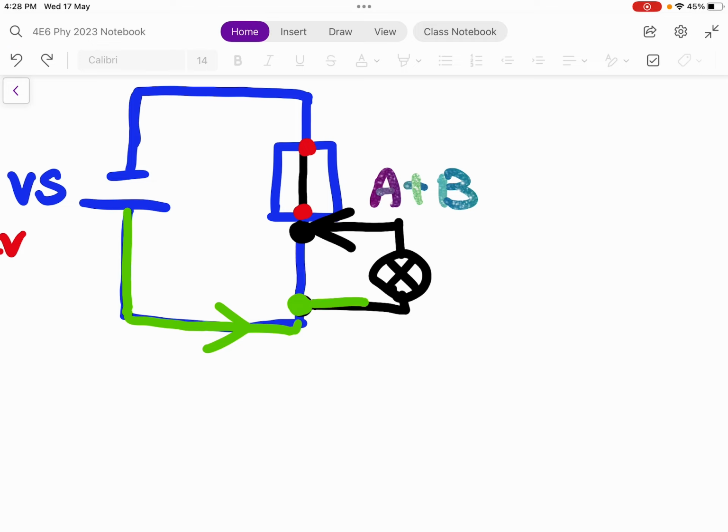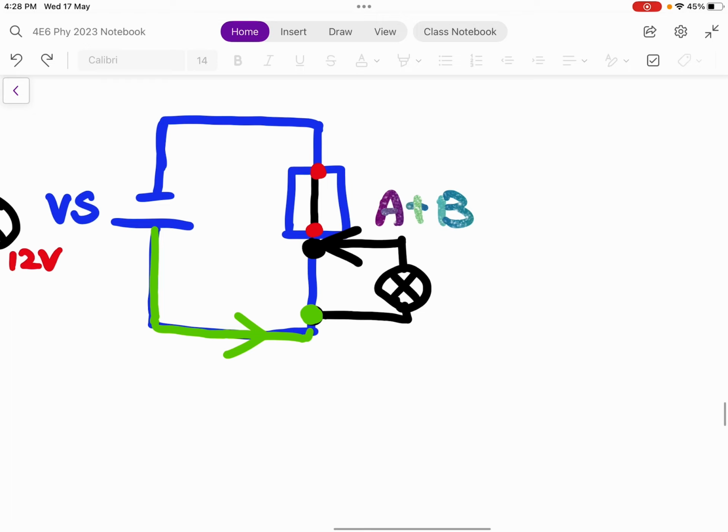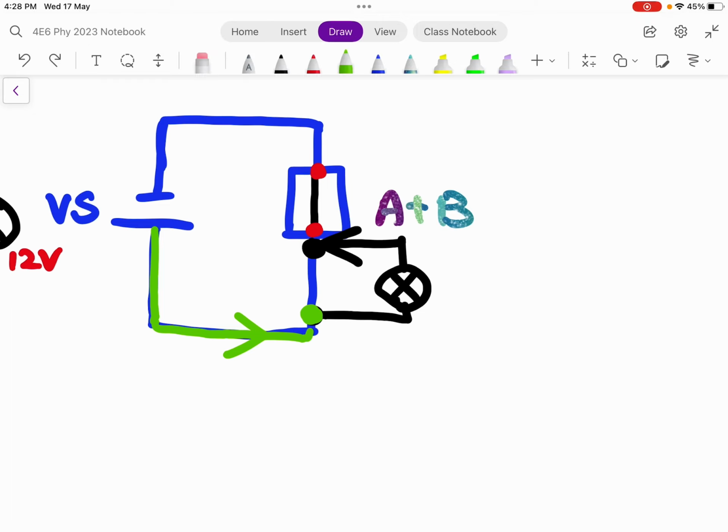which is this way. Then remember you learned something called a short circuit. This is a short circuit, right? This thing is basically your short circuit. So for a short circuit, what does it mean?